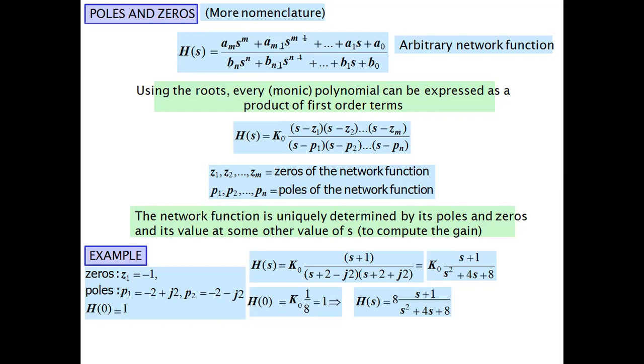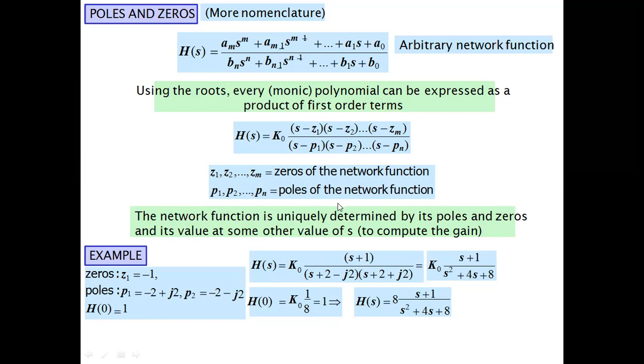If you take the roots of the numerator, you will get these, which are nothing but z1, z2, zm, if you take this value as am. So we say these are the zeros of that network function. If you solve for the denominator roots, you will get P1, P2, Pn, which we call the poles of the network.